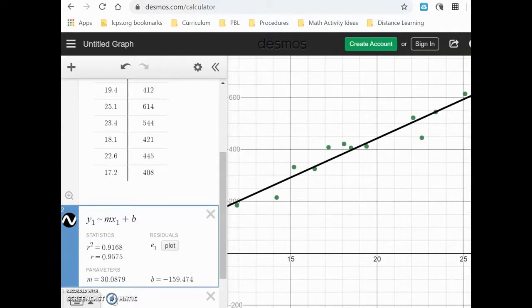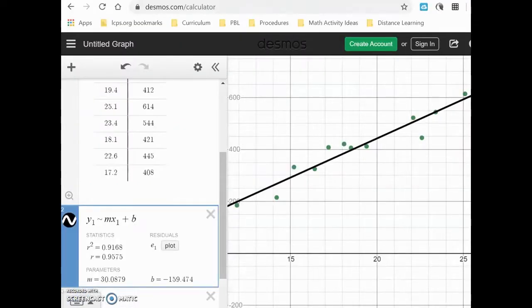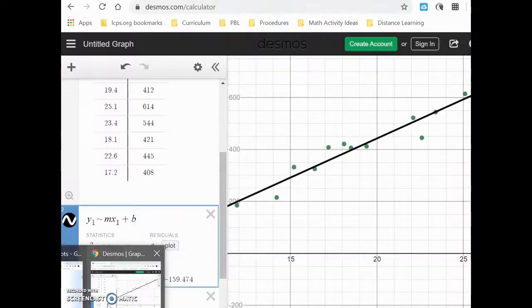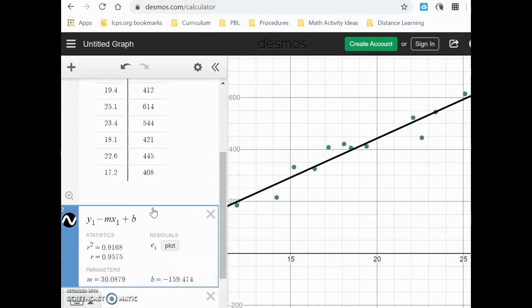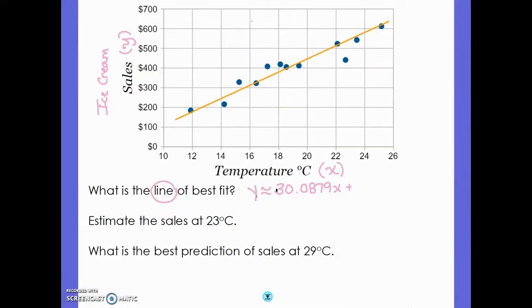What I need to write my line is the slope m and my y-intercept b. So I go back here and write y is approximately equal to 30.0879x plus, because I'm always replacing the m and the b when I'm writing this slope-intercept form, I have negative 159.474.